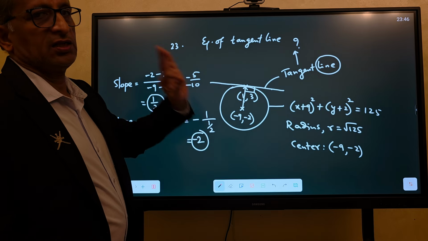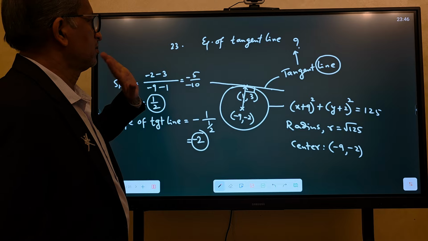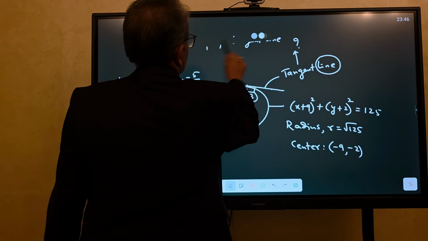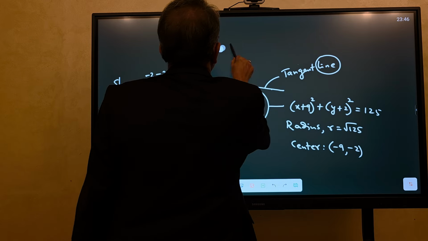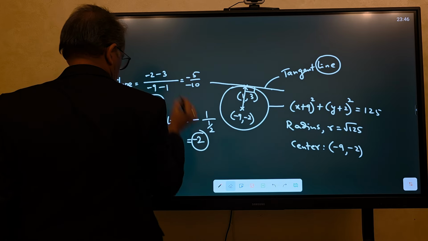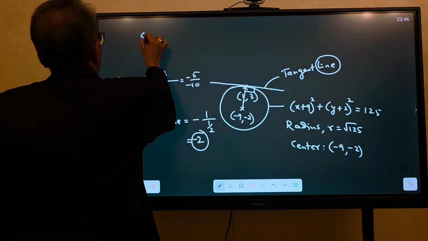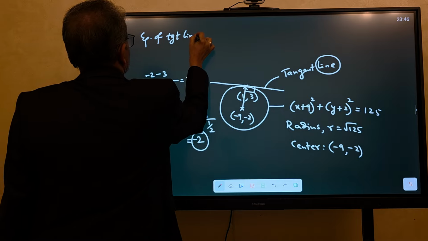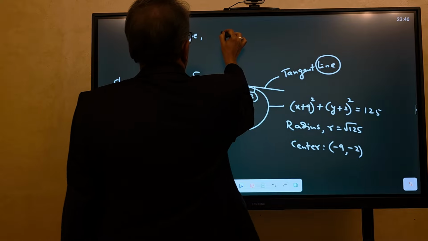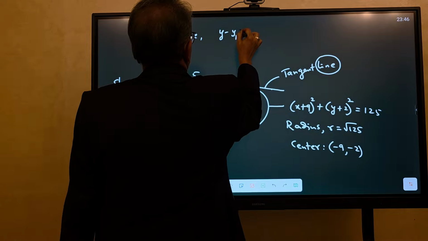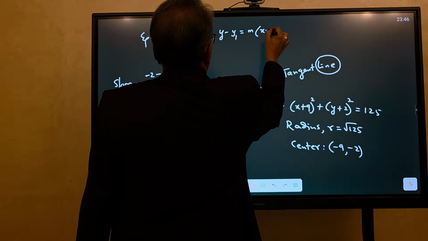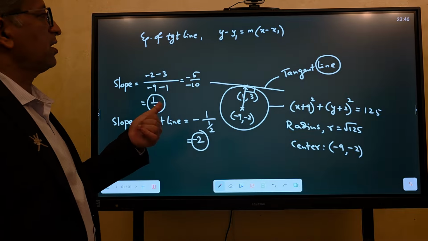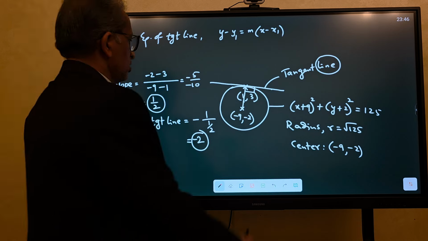And now I am finding the equation of the tangent line. How to find the equation of the tangent line? I will use this formula, y minus y1 equals m times (x minus x1). So I need a point and the slope. What is your point?